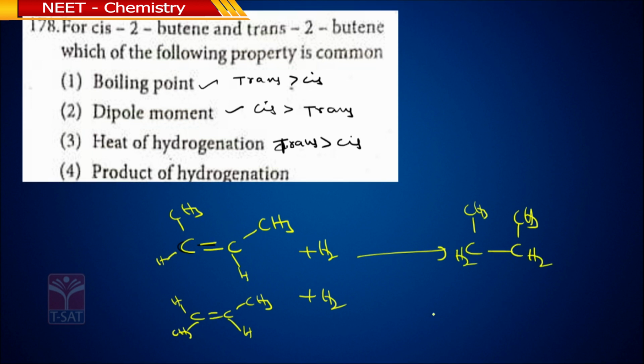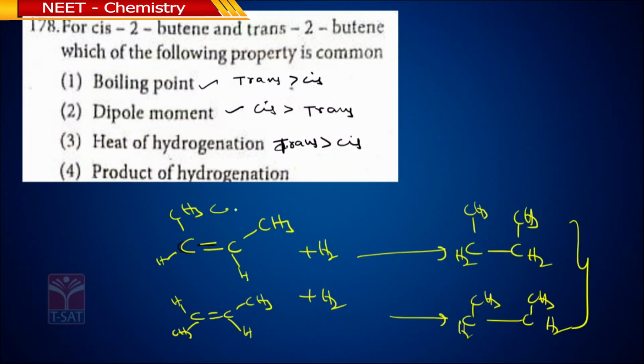Here also, with H2, you will be getting the same compound. So, the product of hydrogenation is the same for both cis and trans. But all the remaining properties are different. You just have to remember this.